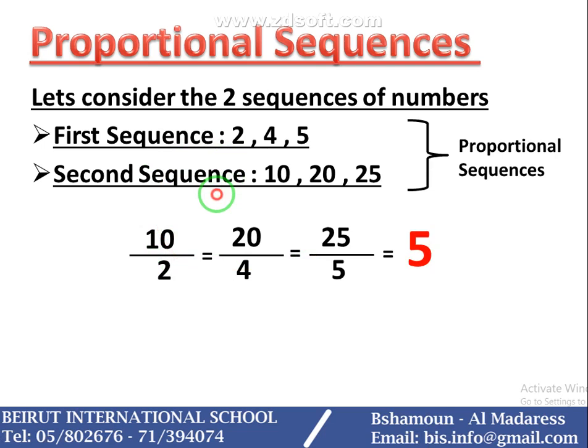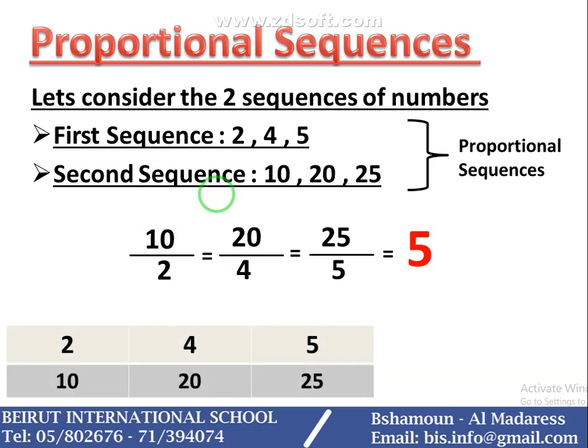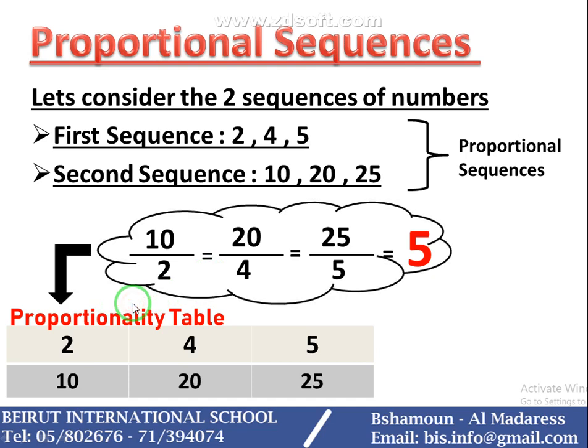And if I move them into a table, because these three fractions are equal, I can call this table a proportionality table. All I need to name a table a proportionality table is to show that the fractions or the ratios are equal.